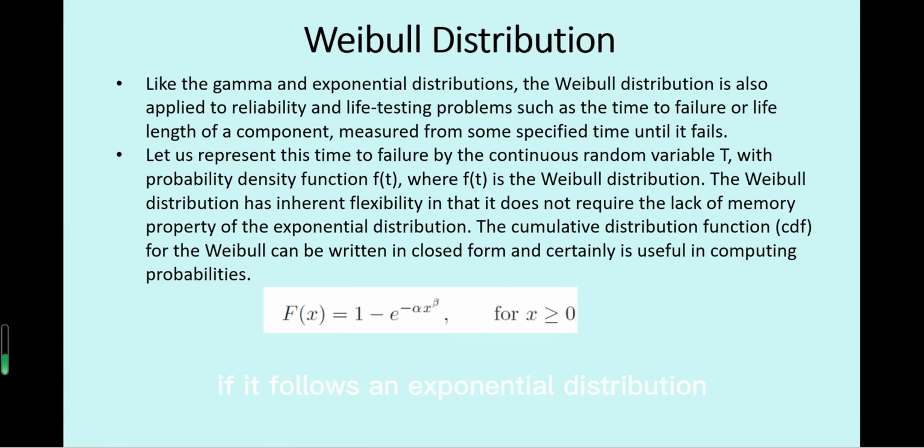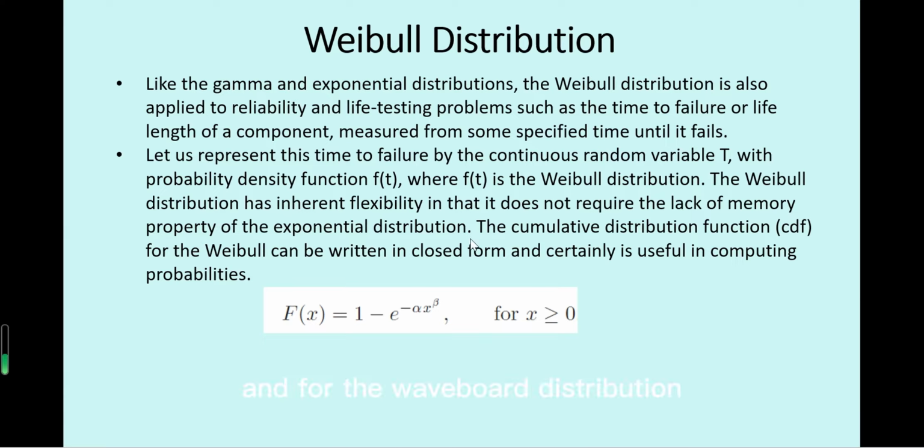If it follows an exponential distribution, then after 1 year, if it has no problem, it is just the same as when you bought it as a new one without having used it for 1 year. So this is called the memoryless, or always young, always new feature of the exponential distribution.